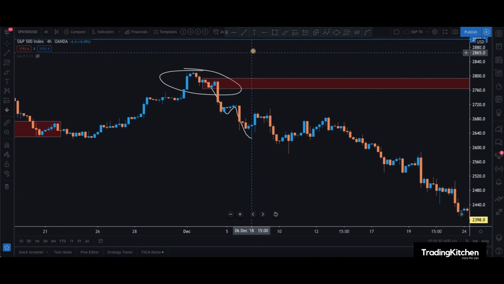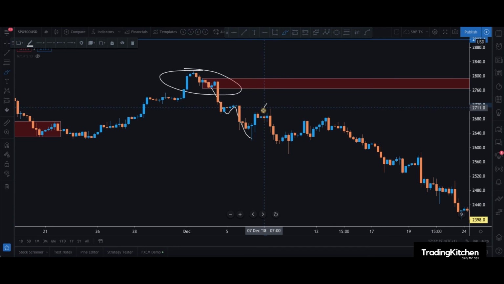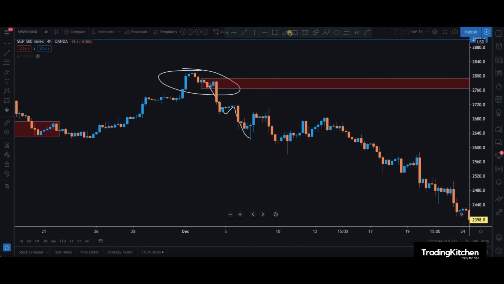Oh, look at this. This is an engulfing outside. Oh, sorry. Okay, because it has a higher high and lower low than the previous-to-previous candle.